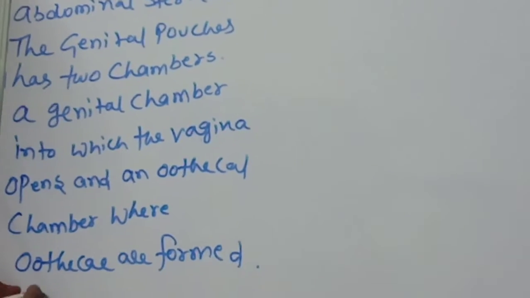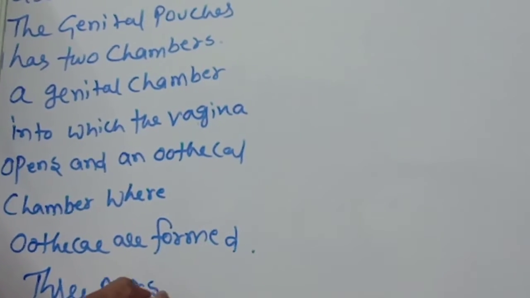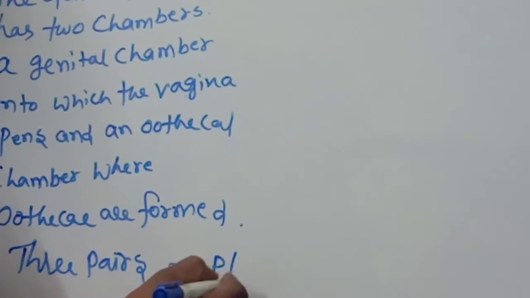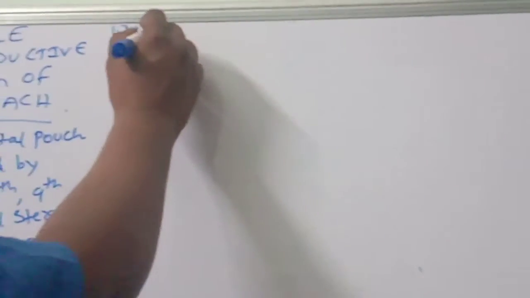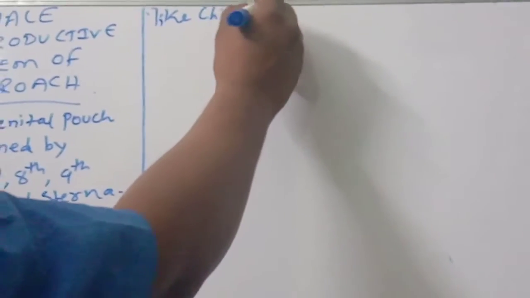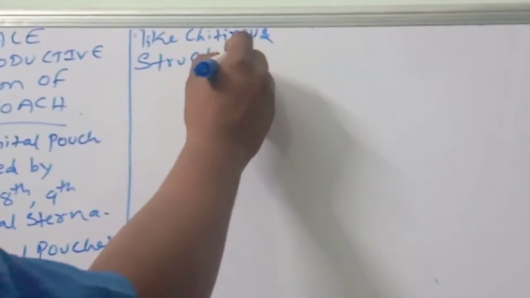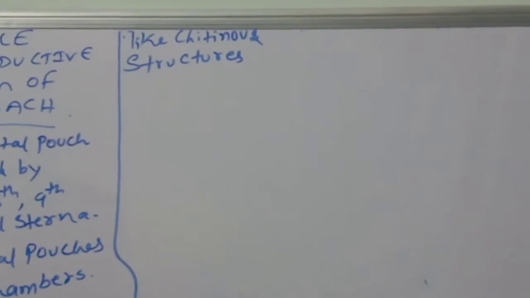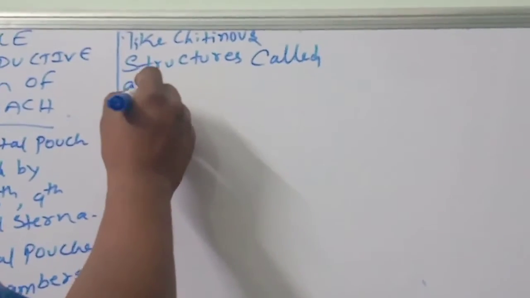Next, three pairs of plate-like chitinous structures. Very important. These chitinous structures are called gonophysis.